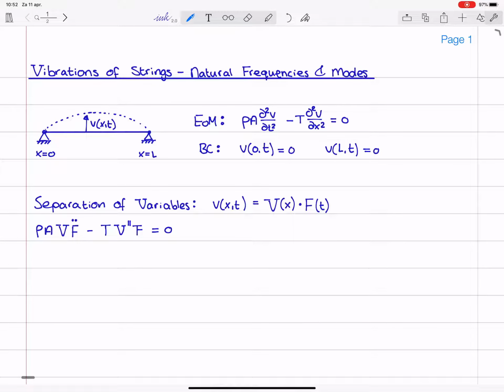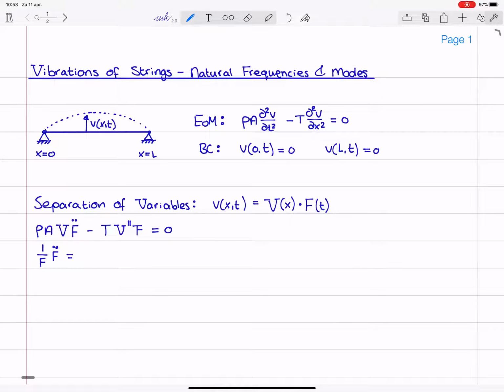Now the method is called separation of variables because I will put everything that contains f on the left hand side and the rest on the right. So the result will be that I can write this by dividing the entire equation by f as 1 divided by f times f double dot.